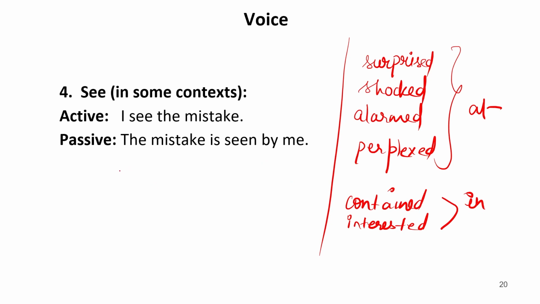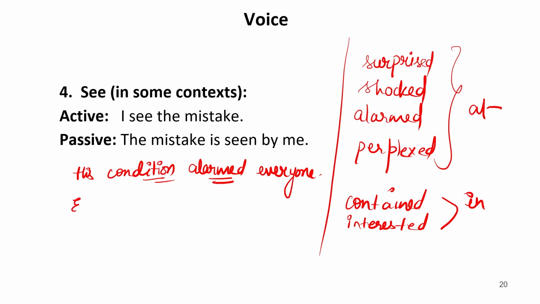For example, "His condition alarmed everyone." Now we know well that this sentence is of past tense because it is written "alarmed". Now we can write it into passive like "Everyone"; everyone is singular, so "was alarmed".